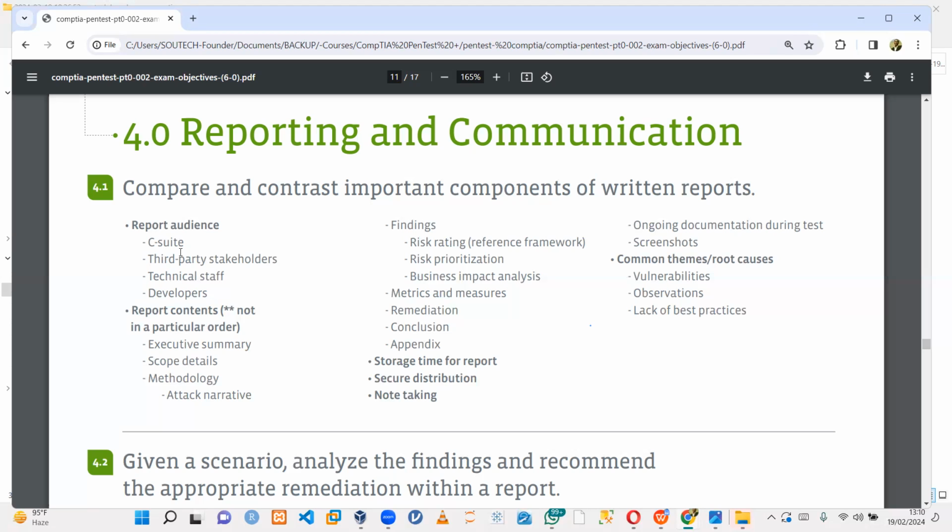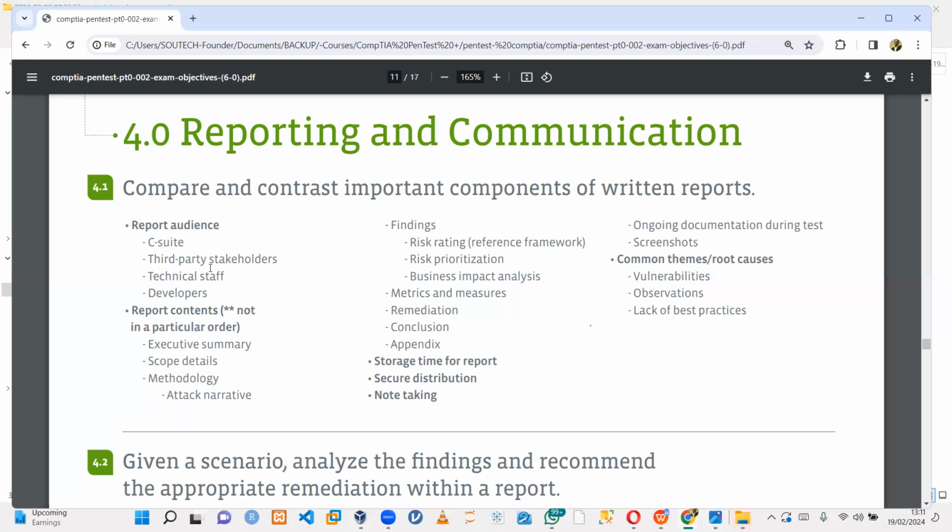And some of your audience are going to be the C-suite executives: your chief executive officer, your chief medical director, your chief finance officer, your chief technology officer, all of those C-level, your directorate level, or your CISO, chief information security officer. Those are who you're going to be reporting to. And at times, you're going to be reporting to third-party stakeholders.